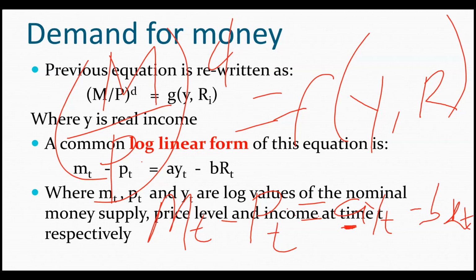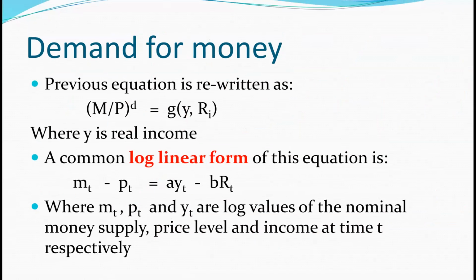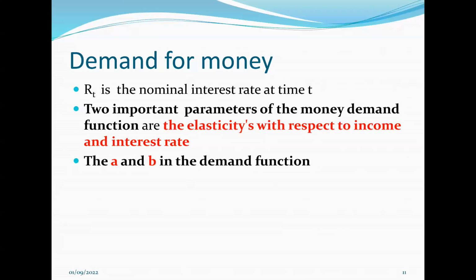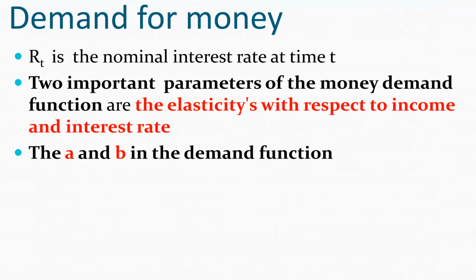So M, P and Y are the logs of values for the nominal money supply, price level, and income. R at time t is the nominal interest rate, the general interest rate ruling at that time.